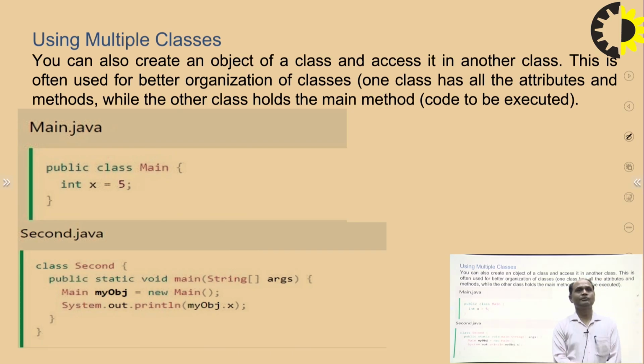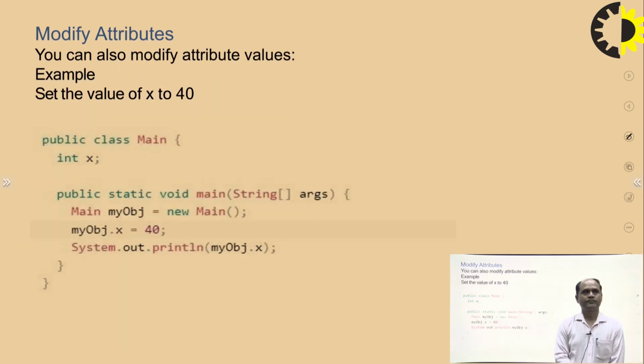You can also create an object of a class and access it in another class. This is often used for better organization of classes. Suppose one class has all the attributes and methods, while the other class holds the main method to be executed.